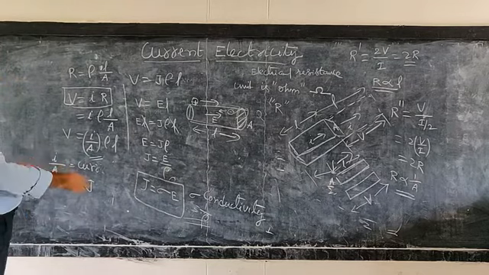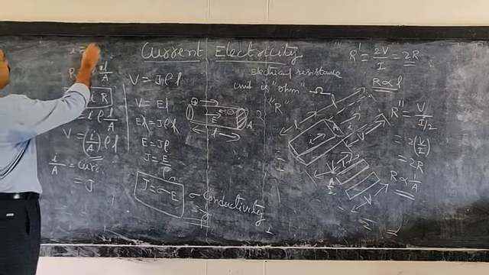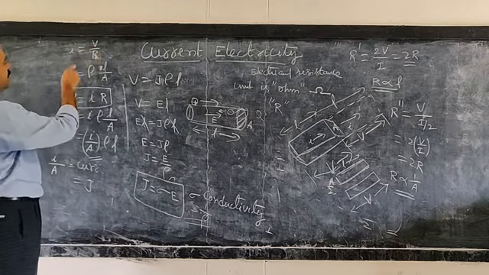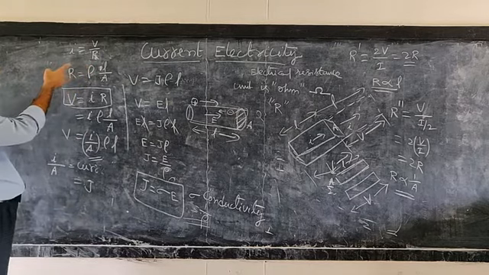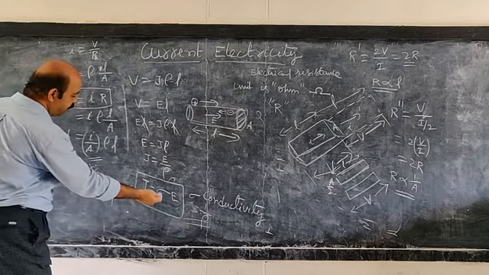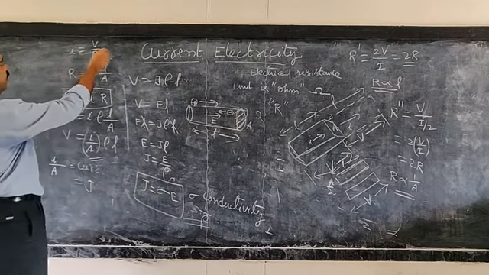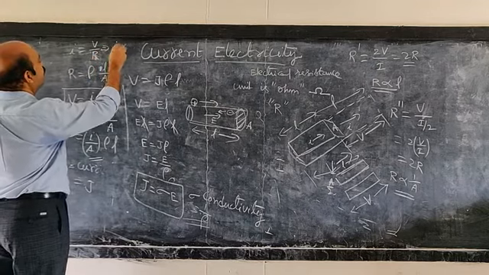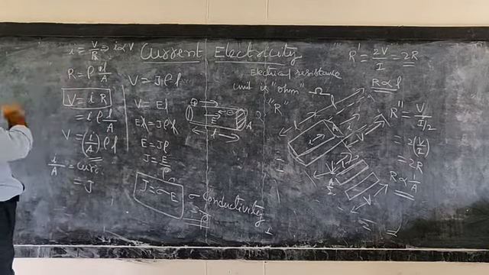So here this can also be represented in different forms. I is equal to V by R, is it not? If 1 by R is a constant, I is proportional to V. Here sigma is a constant, then J is proportional to E. So here we can say that current is proportional to potential difference, and vice versa.